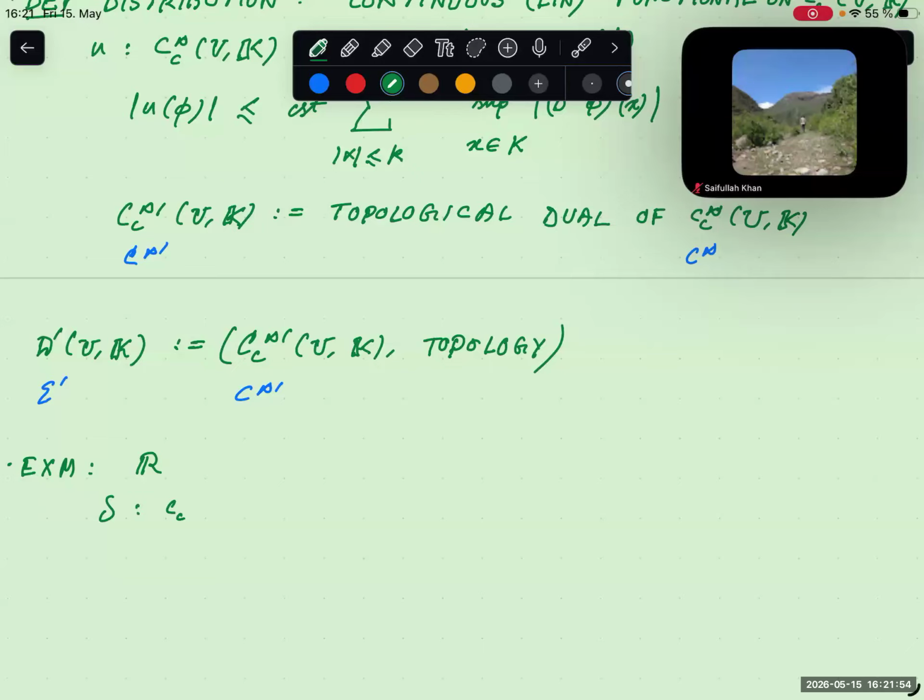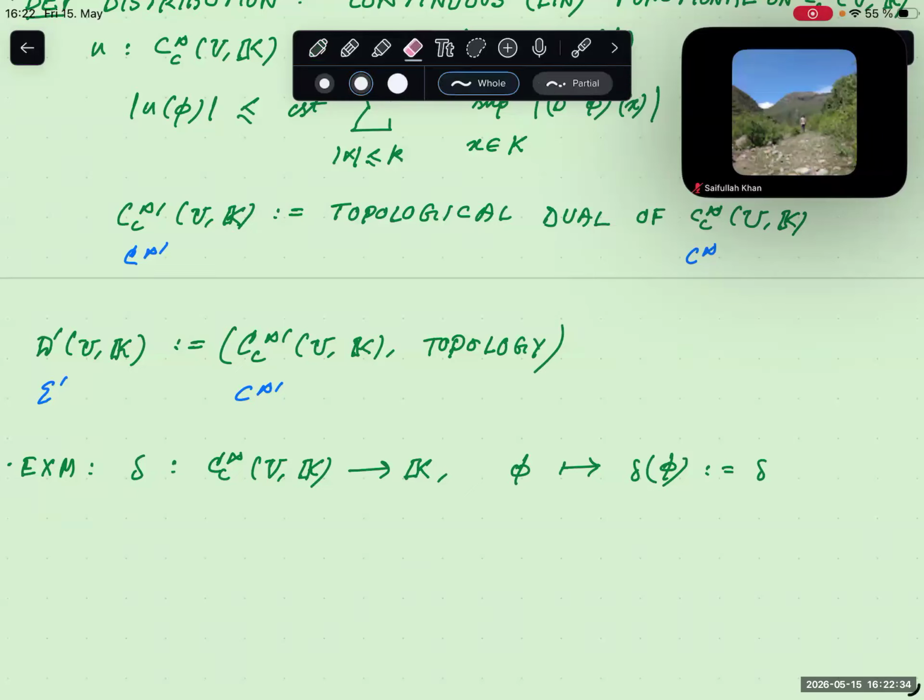Dirac delta maps compactly supported functions on U, so U can be R, to K. And then you take a test function, and Dirac delta gives you phi of 0.